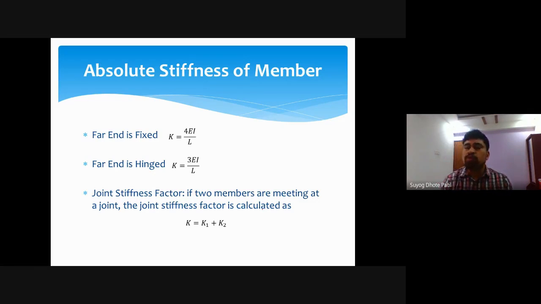Like if two beams are connected, or in case of a plane frame, say a node or joint where four members are connected, then the compound stiffness or joint stiffness factor K will be equal to K1 plus K2 plus K3 plus K4. So at a particular joint, the addition of the stiffness of all the connected members will be the compound or joint stiffness.